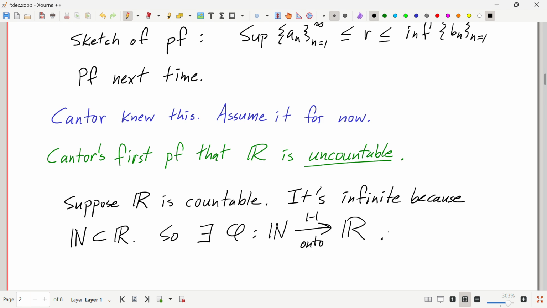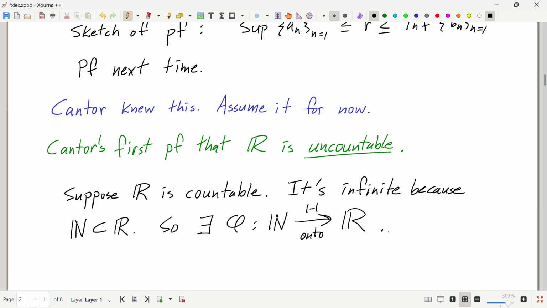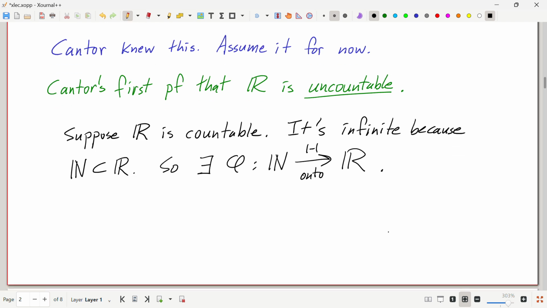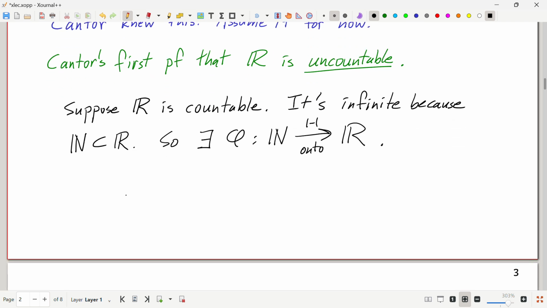Okay. Well, let me describe how we're going to do this. First, I'll draw a picture. Let x_n be equal to phi of n. All right. We'll start with an x1.